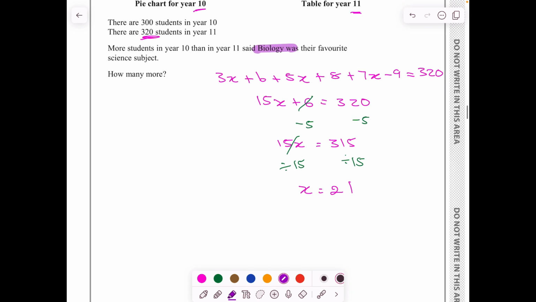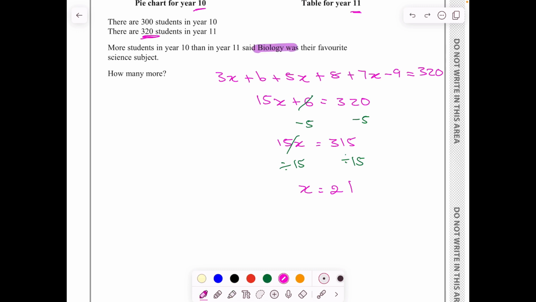So in year 11, it says 3x plus 6 like biology. So 3 times 21 plus 6, that means 69 said that biology was their favourite.